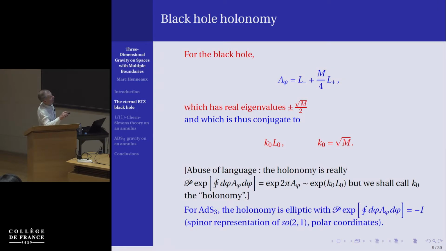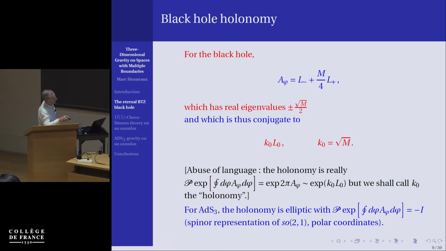Okay, so now if you compute the holonomy for AdS3, you find that it is elliptic, and you find in fact the value -1, which might be surprising because you would expect no holonomy.